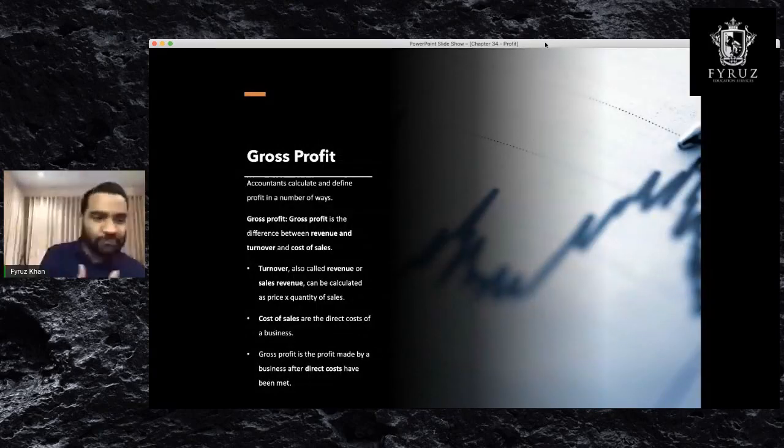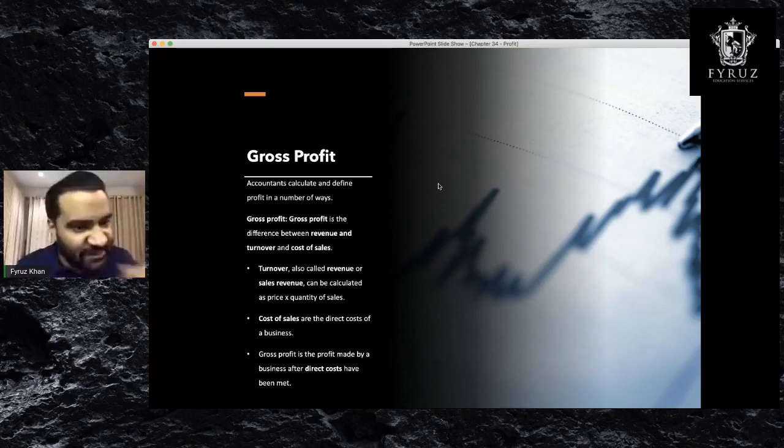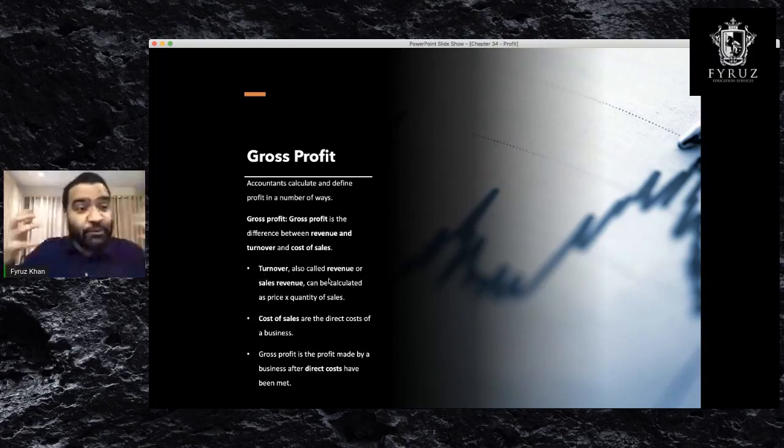So, gross profit. Gross profit is the difference between revenue and cost of sales. So in order to find out gross profit, you need to know the revenue or turnover. It's the same thing. Revenue means the money that you receive by selling this product, this book.